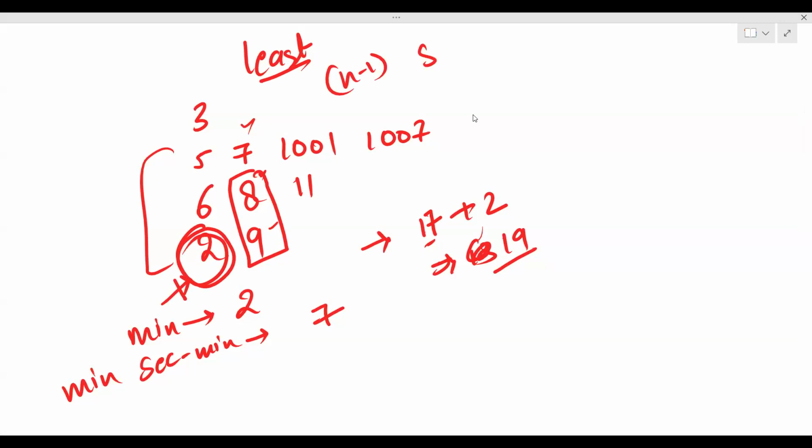Either you'll get the minimum value or you can pick the second minimum. Why second minimum? Because you'll try to shift the minimums of all the arrays to the array which has this 2. So you keep the minimum of all of the arrays in the array which has the lowest second minimum value, because for all the other arrays you'll get the second minimum added to the beauty. Is it okay?